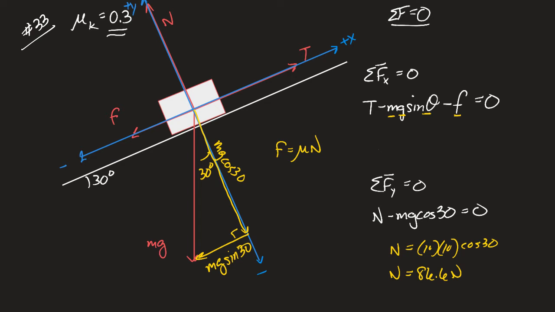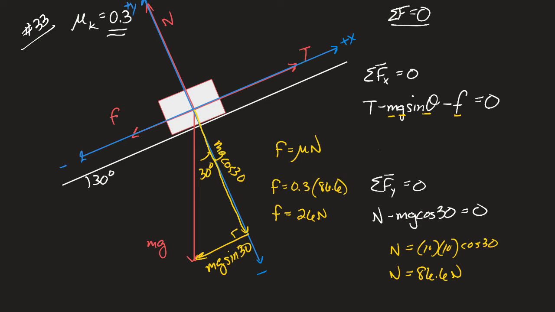Again, if I know the normal force, I know the frictional force. Friction is 0.3 times 86.6. So I think that's got to be 26. About right? Third of that. So 26 newtons is friction.